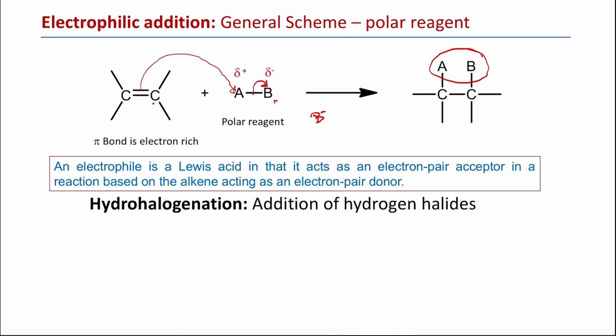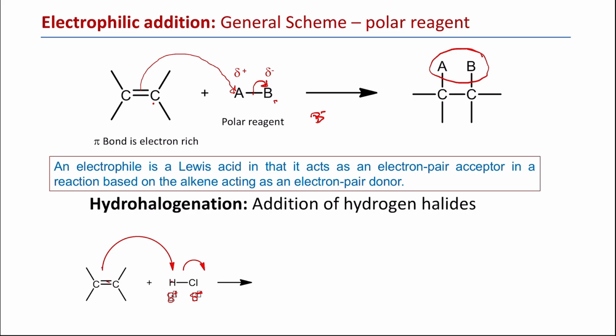An example of these polar reagents is hydrogen chloride. So let's have a look at the addition of hydrogen chloride. In this reaction, we have hydrogen chloride, where the hydrogen is partially positive and the chloride is the partially negative part of the compound. And then we have the double bond, which is the electron-rich center.